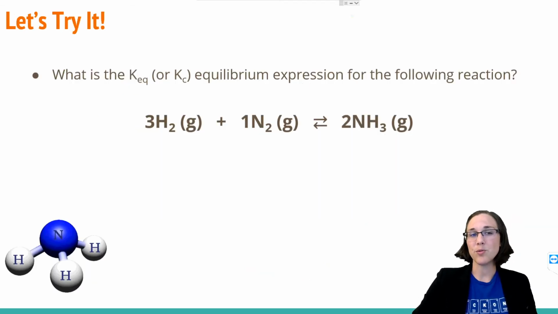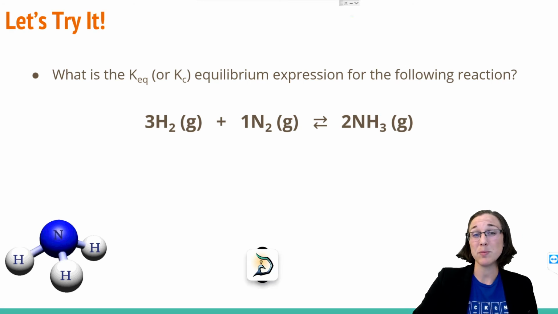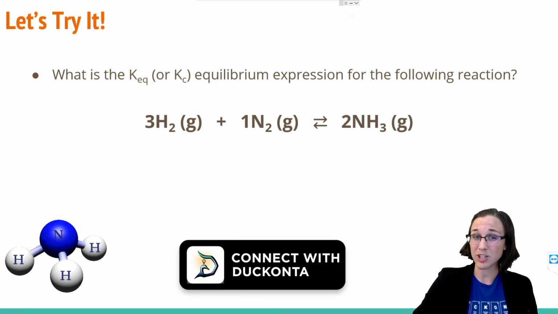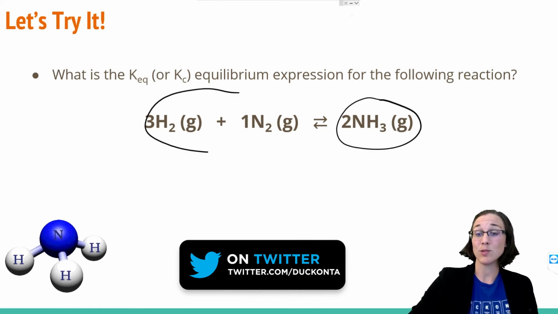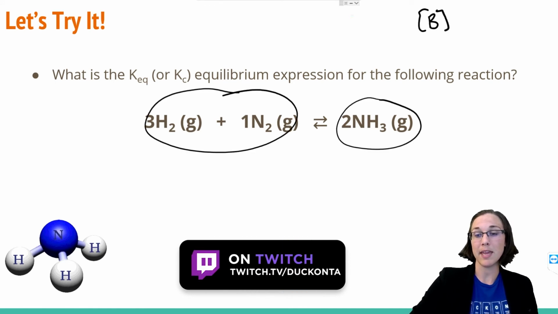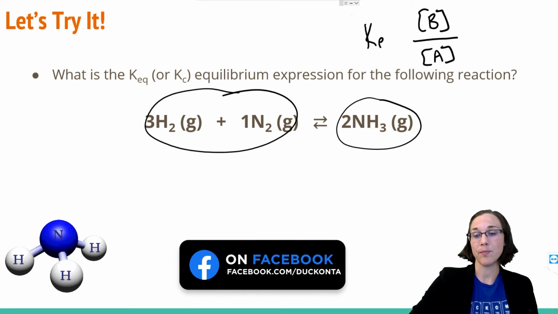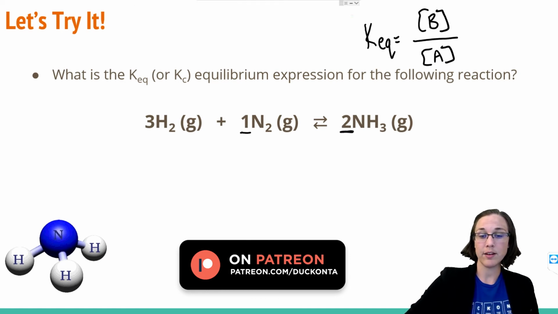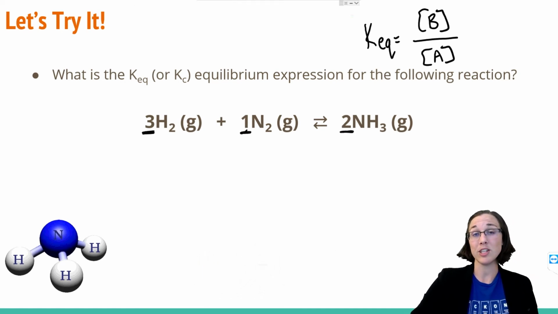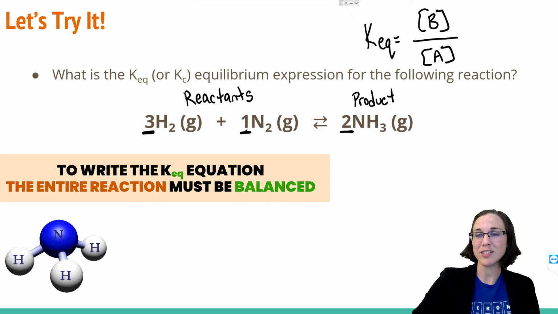If we were going to write the KEQ equilibrium expression for the following chemical reaction, we would need to put the products over the reactants, as we saw before, the concentration of B over the concentration of A for our KEQ. Notice that in this expression, we have different mole value coefficients, and those different coefficients are going to end up as our exponents in the expression.